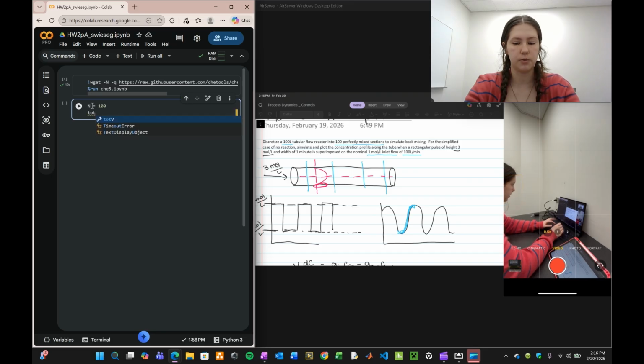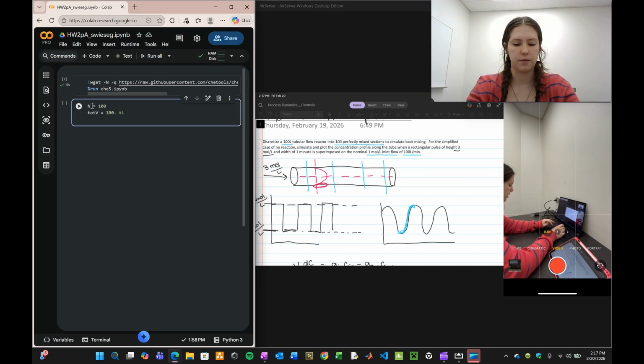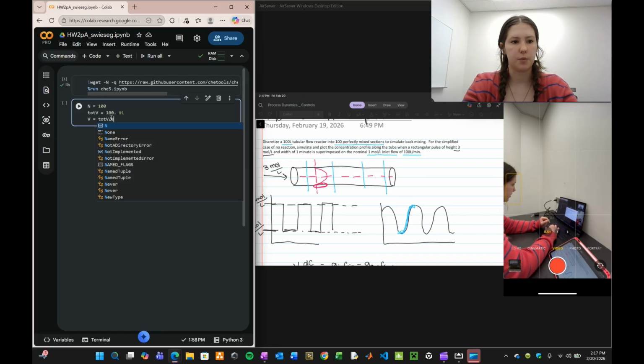So we can say our total volume is equal to 100 liters. And then the volume of each individual section of this tube, once we split it up into 100 sections, will be equal to the total volume divided by the number of sections that we want.